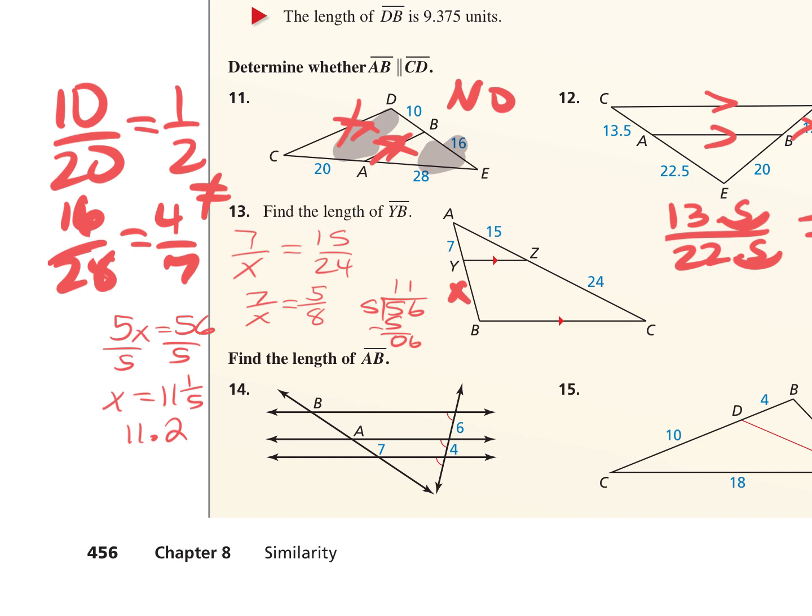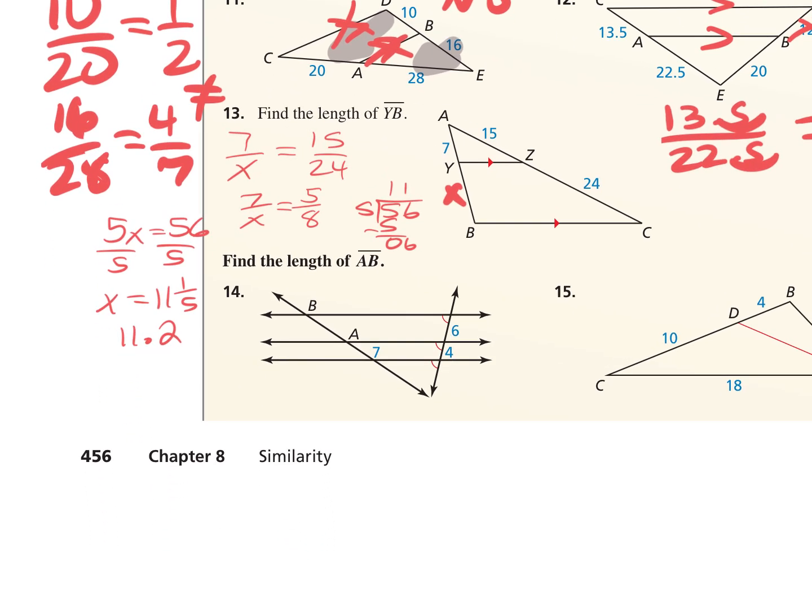And then the next one, these are the 3 parallel line theorem. Notice they're not marked as parallel, but because I have corresponding angles here that are congruent, I can tell that all 3 of these lines are parallel. So that transversal divides it proportionally.